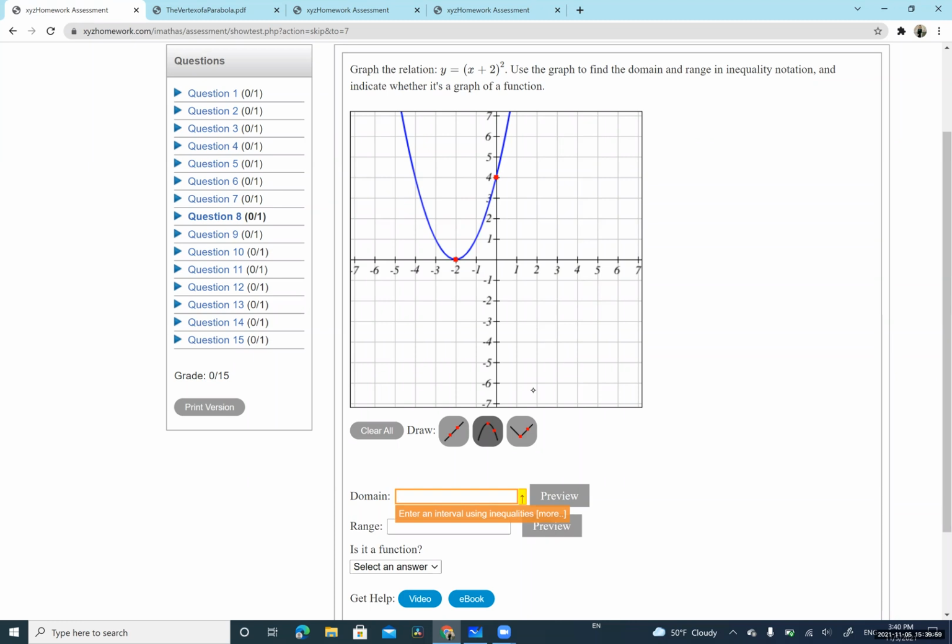So you can write negative infinity less than x less than positive infinity, or you can state it another way: all real numbers.